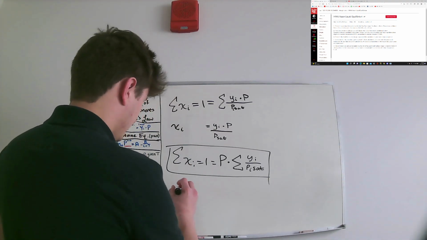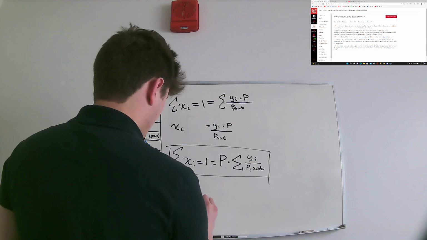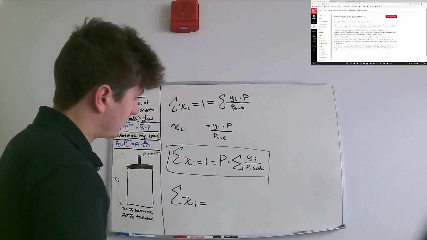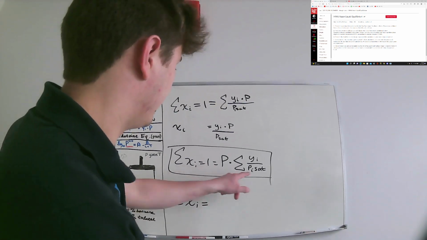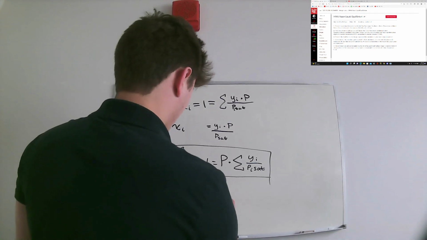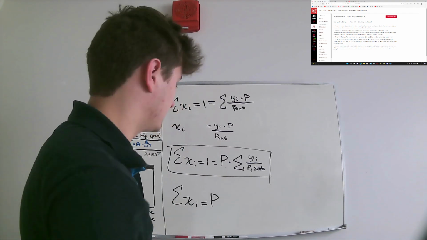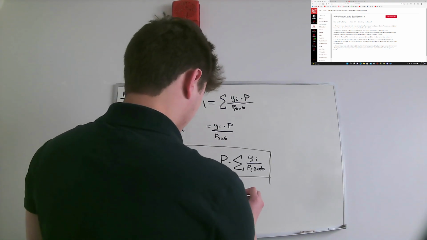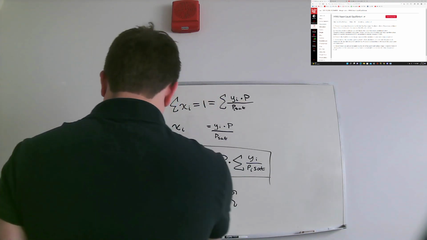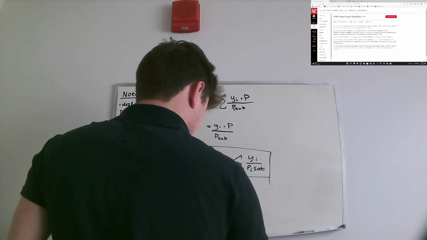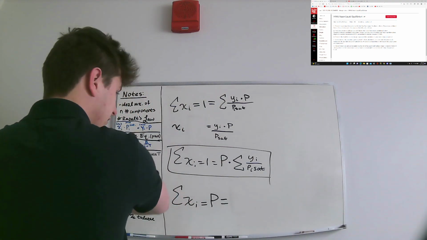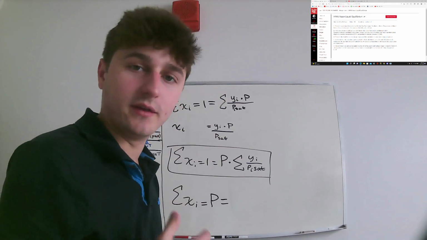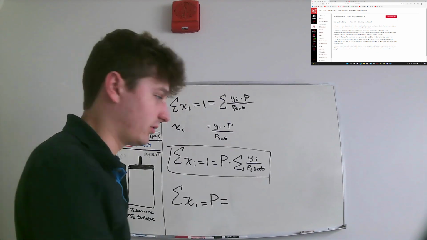So now we're going to do 1 divided by this, so that we can get just our dew pressure. It is going to equal the summation. Wow, that was an ugly summation. It's pretty much using what we know and putting the puzzle pieces together to create these equations.